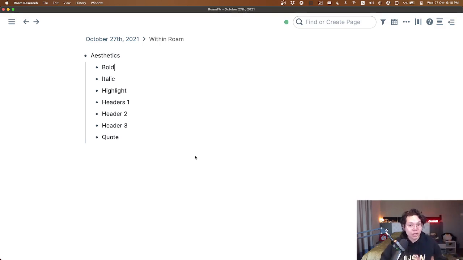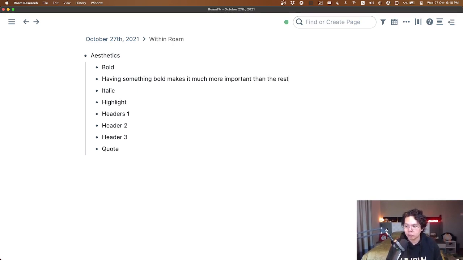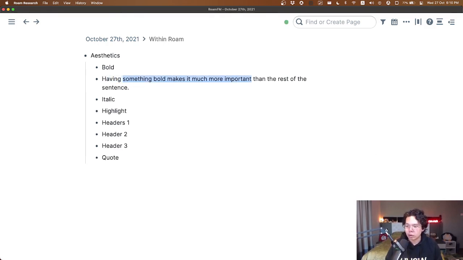And the subjective rationale for that just depends on yourself. Maybe for the standard person, having something bold makes it much more important than the rest of the sentence.